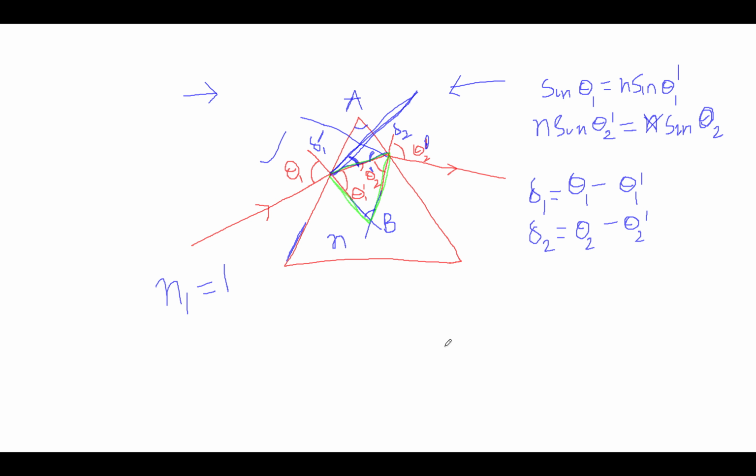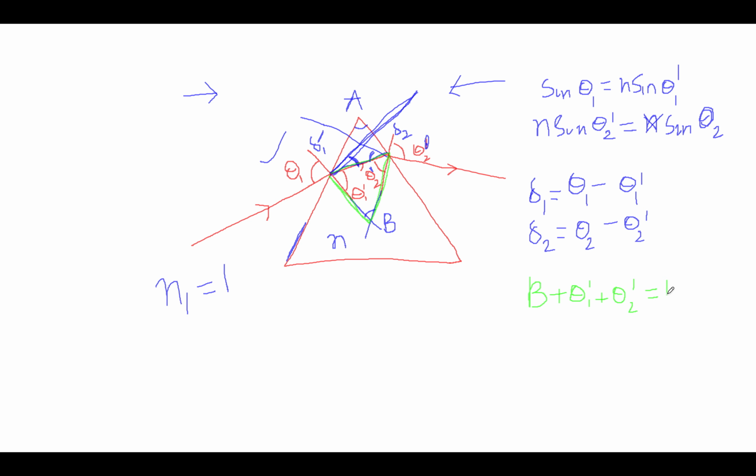And so I can write the total sum of those angles as angle B plus theta 1 prime and theta 2 prime as 180 degrees.